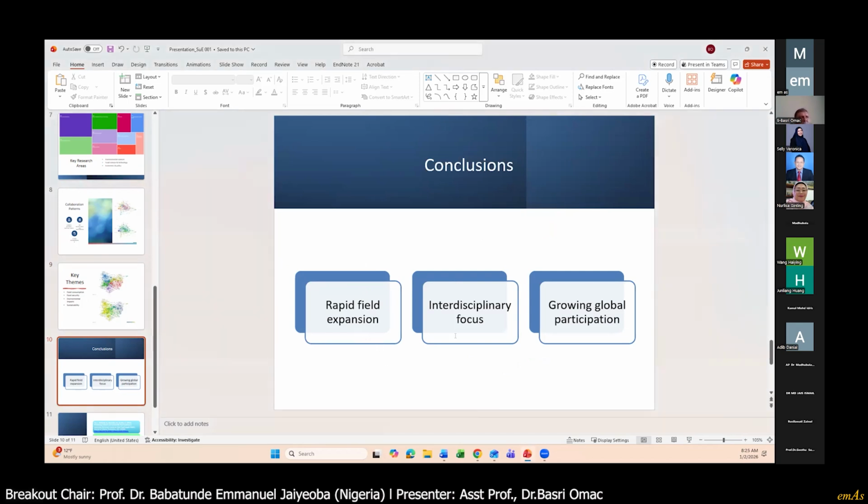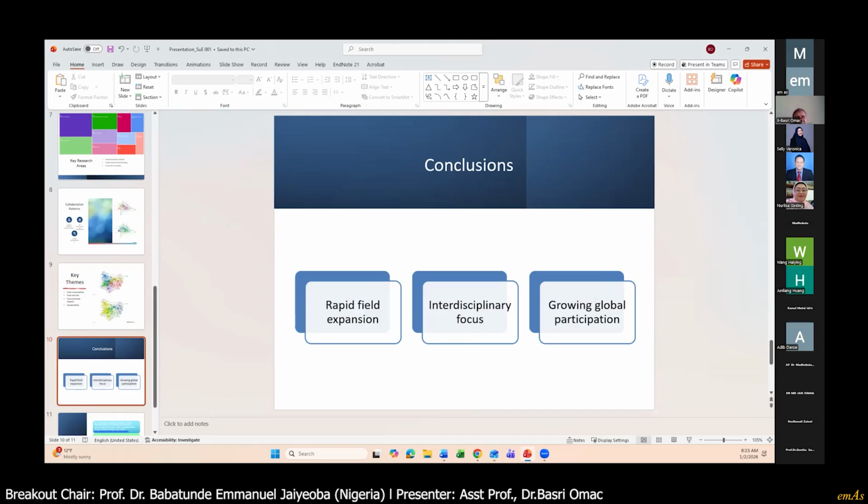And based on our studies, we can observe that the field is expanding, and we can see more interdisciplinary focus is requested. Many studies nowadays are published with an interdisciplinary focus, but we still need more interdisciplinary focus in this area.